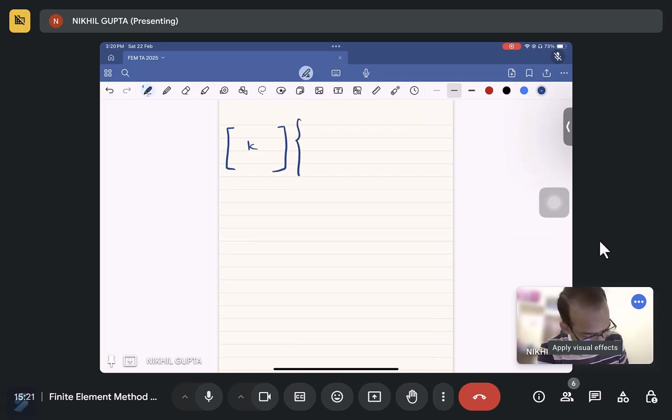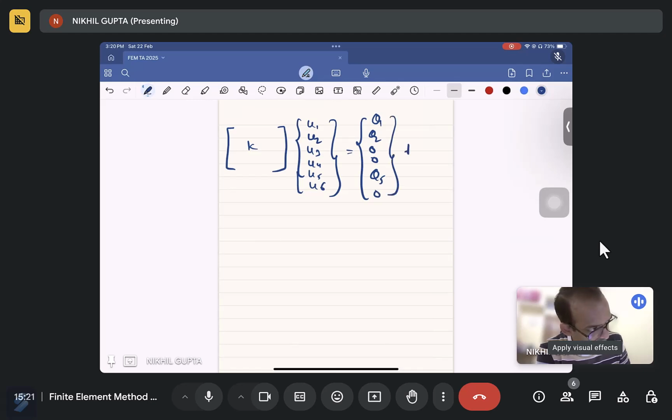We have u1, u2, u3, u4, u5, and u6. Then we have q1, q2, then q3, q4 are 0, q5 we have, q6 is 0, plus the q0 L by 12, this is the force vector which we have computed.